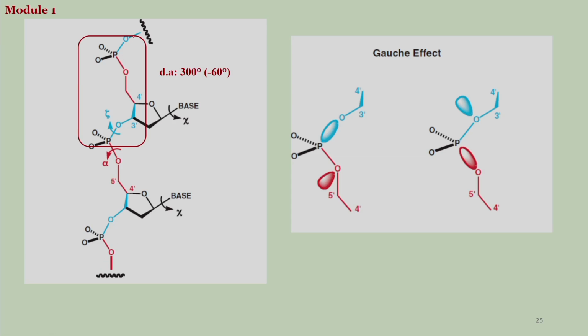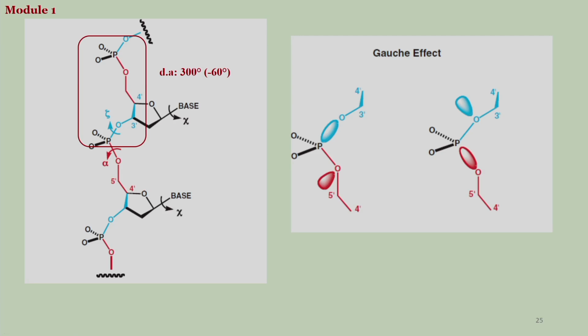Here it starts from the phosphate P, with one double bond O and one O minus. So O, P, O, and this is the 5 prime end of this sugar, and then there is a 3 prime end of the sugar with an oxygen that forms a bond with the next phosphate, and it goes on like this.